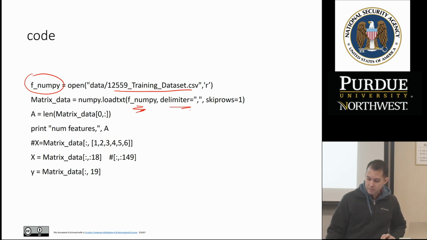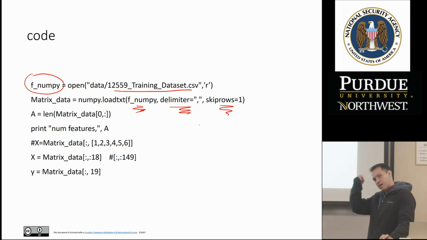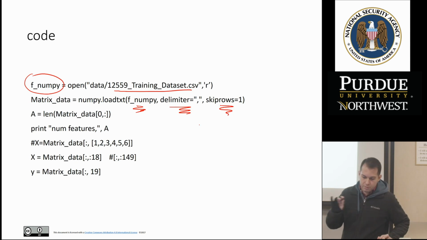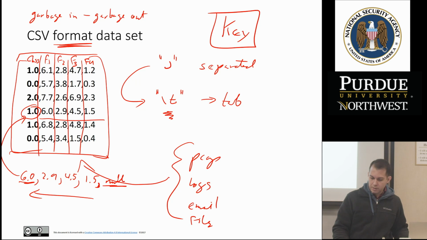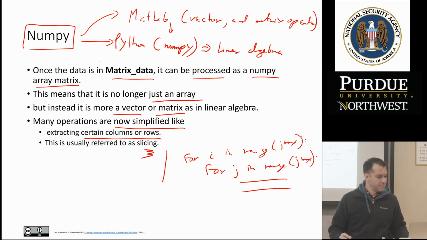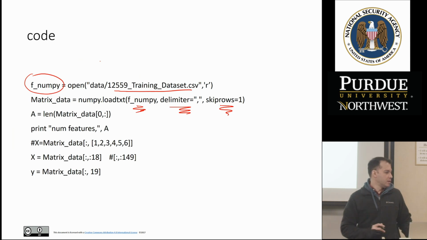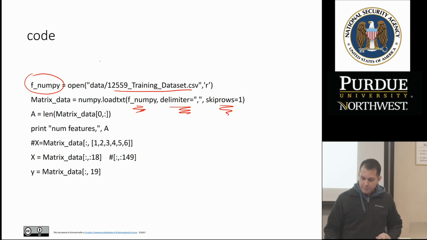We can specify that the delimiter is a comma, so it's a comma separated file, and that we want to skip the first row, which usually indicates the column names. So it would be these in red, class, F1, F2, F3, that we are just getting rid of. Okay, so we have the matrix and matrix data.